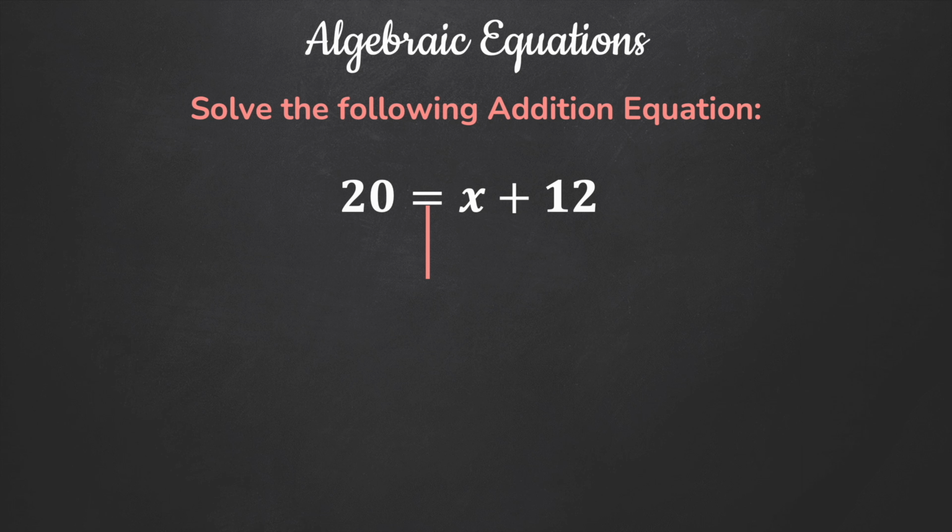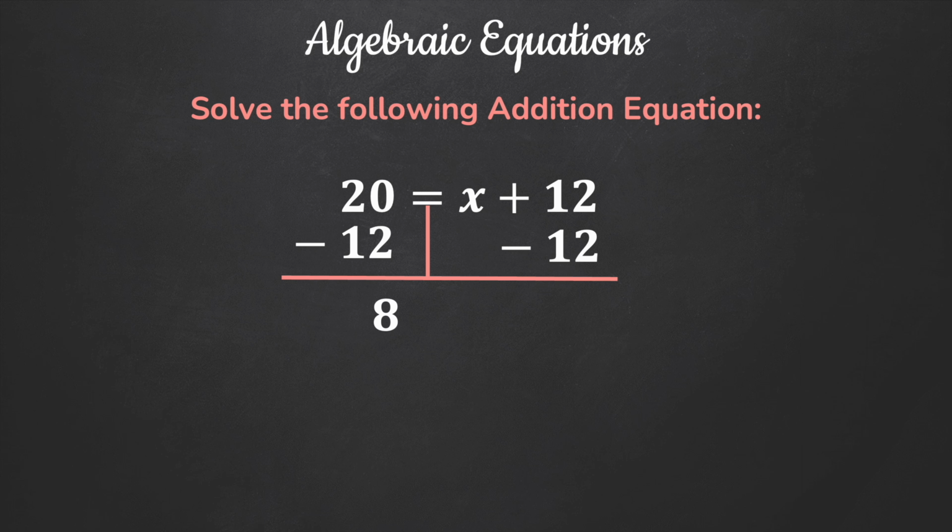And in order to get x by itself, we do have to subtract 12 on this side because we're trying to get rid of the plus 12. And whatever we do on one side, we do have to do on the other side of our equation. So here on the left, we have 20 minus 12, which is equal to 8.